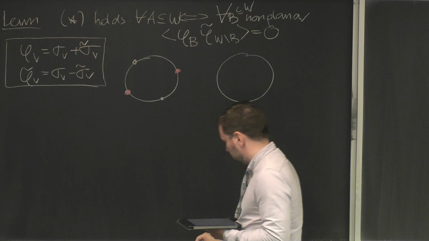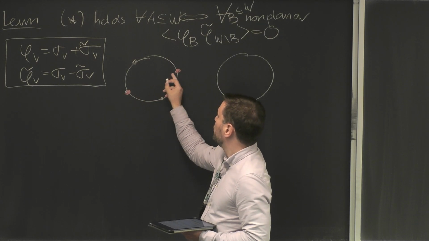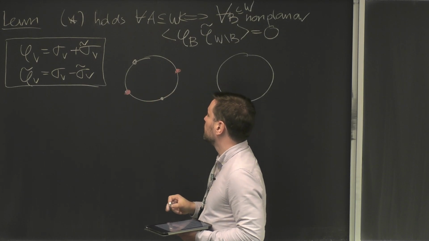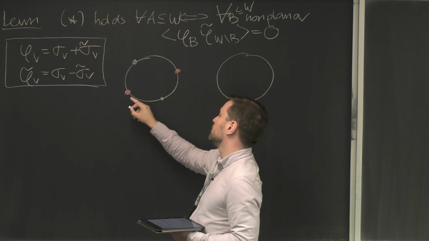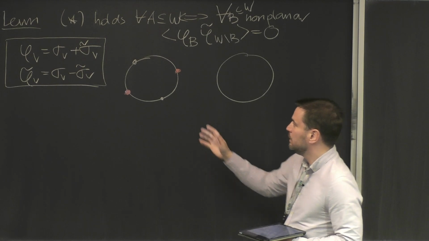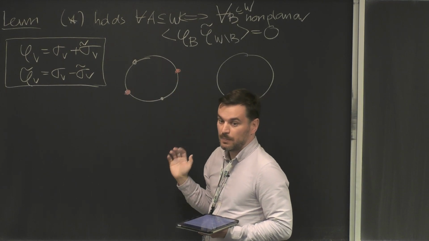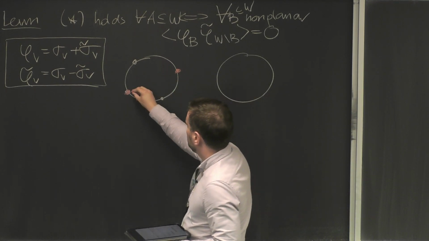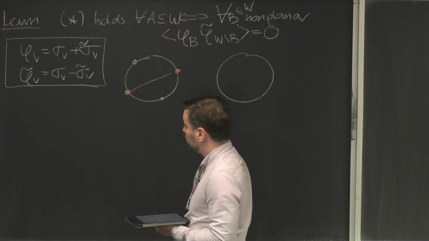So non-planar means that there is no pairing of these four vertices where red gets matched with red and white with white, and such that the pairing is planar. So here the only such pairing is non-planar because I need to have a crossing.